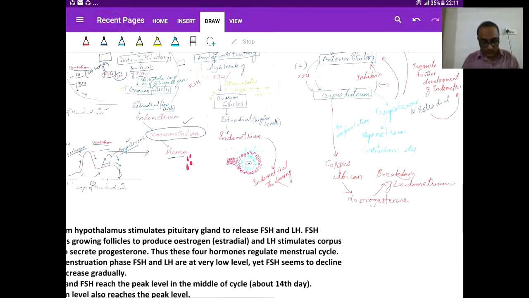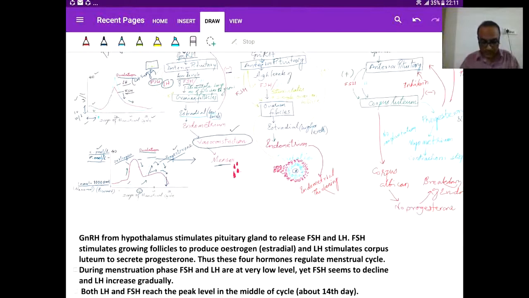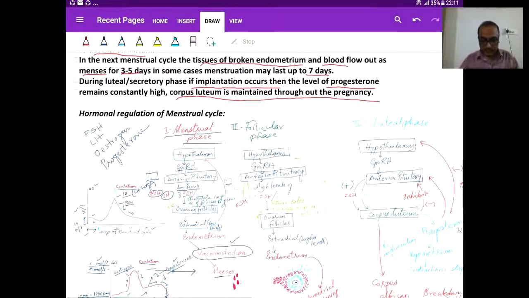Now coming back to our hormonal regulation topic. We have seen during menstruation how the low levels of FSH/LH and low levels of estradiol help in bringing about the menstruation.